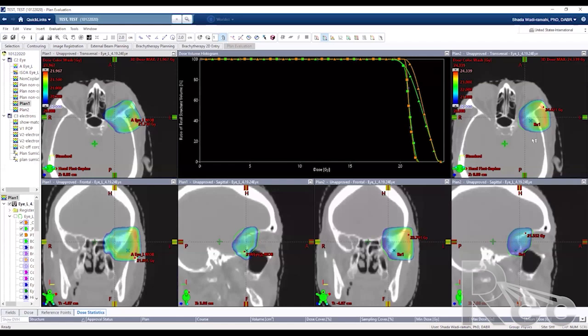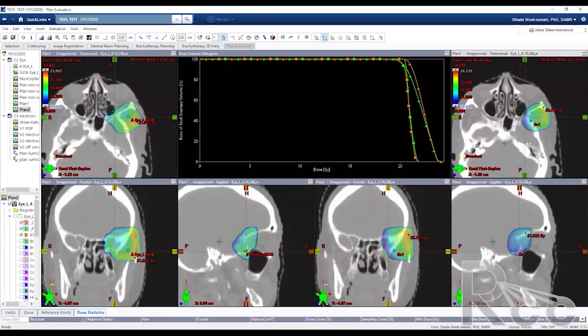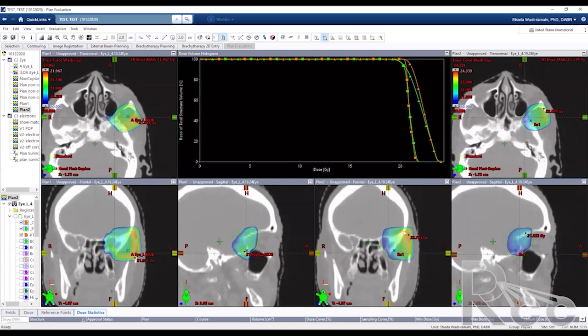Versus if you look at this plan 2, there are parts that, and this is 20 gray of course, I can put the 19 gray or 18 gray, and then we look at them. Whether you look at it from transverse, coronal or sagittal, those are showing you the same points. The sagittal on the right side of your screen is compared to the sagittal here, but different plans.